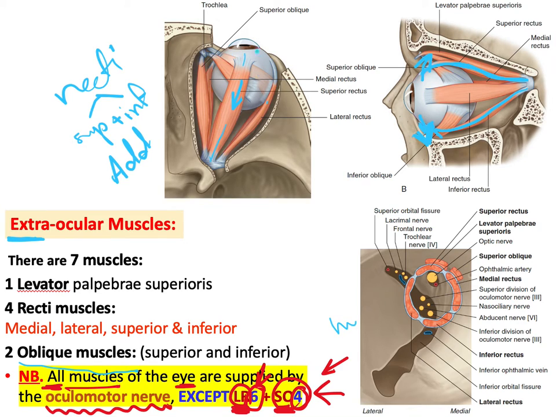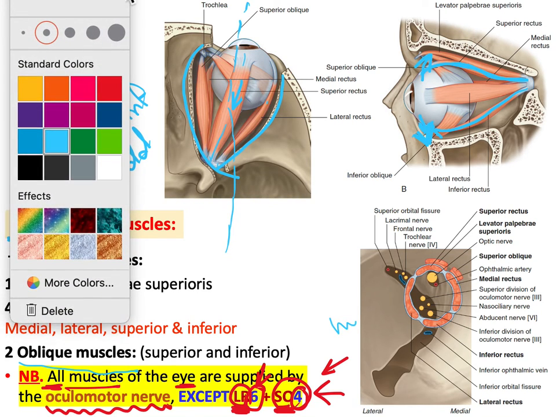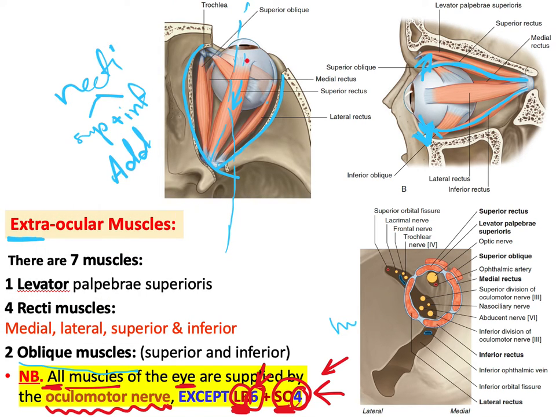the angle of the eye pole related to the axis of the orbit. This is the axis of the orbit, right? And look at the axis of the muscle, right?